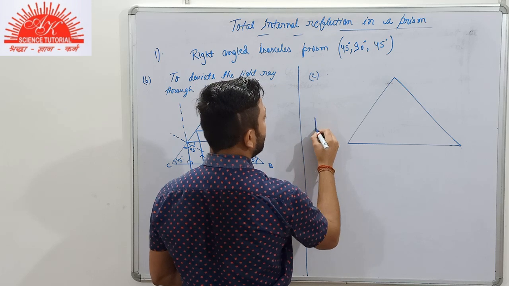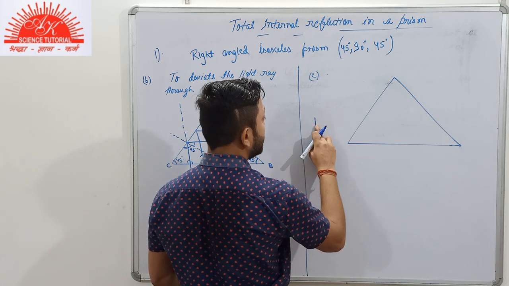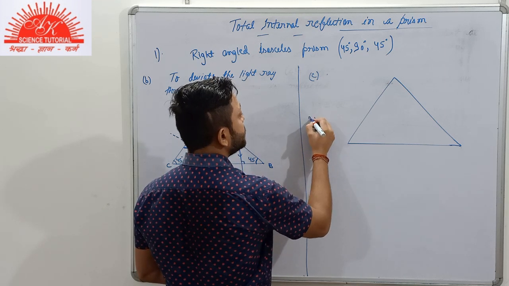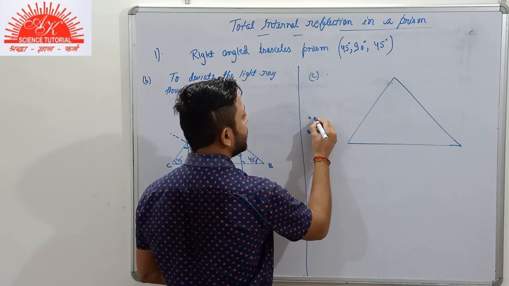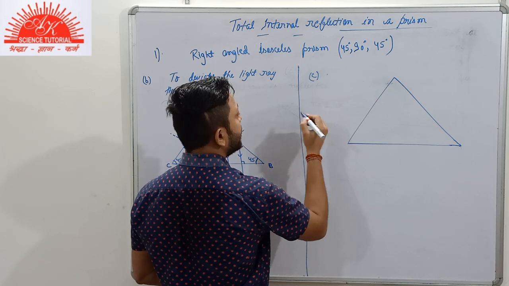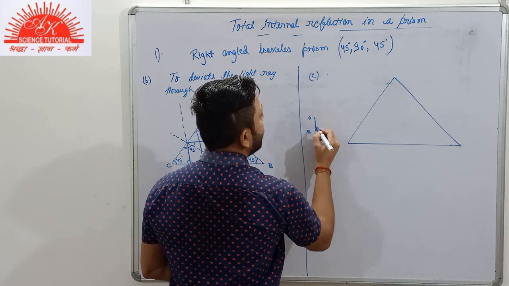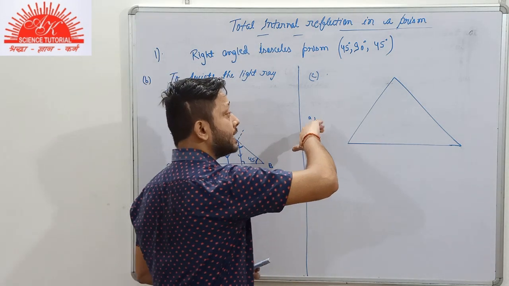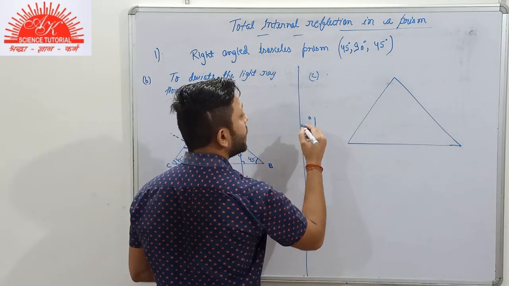Suppose this is our object or this is our image that has to be erected. Suppose this is A and this is B. Now, if this is inverted and we have to erect its image, what can we do?